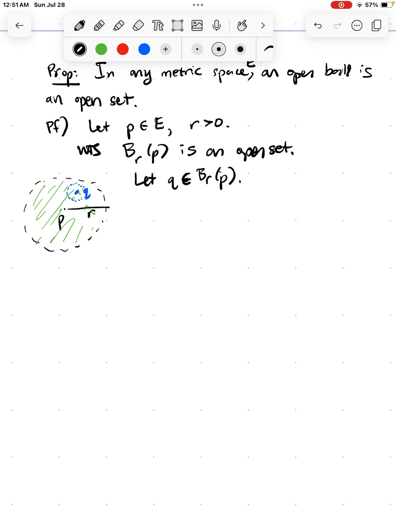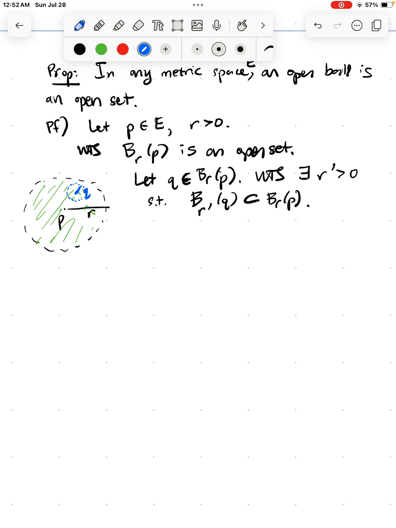We want to show that there exists some R prime greater than 0, such that the ball of radius R prime centered at Q is completely contained inside the ball of radius R centered at P. Well, what could this R prime be? If you look at the picture, this gives you a good idea of what R prime should be. R prime should be the radius of this small ball, and what could that be?